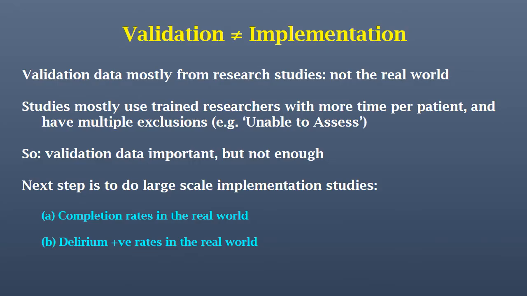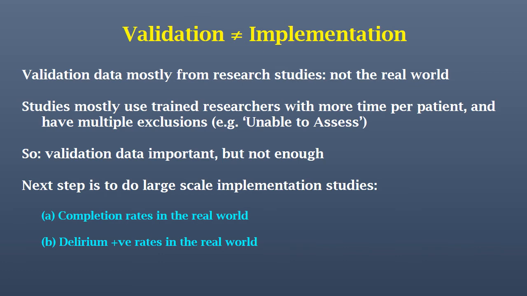One of the major challenges in the field of delirium is effective detection of delirium at scale. And we actually have a lack of information from studies or other sources about how tools perform in the real world. This is very important because validation studies alone don't give enough information.